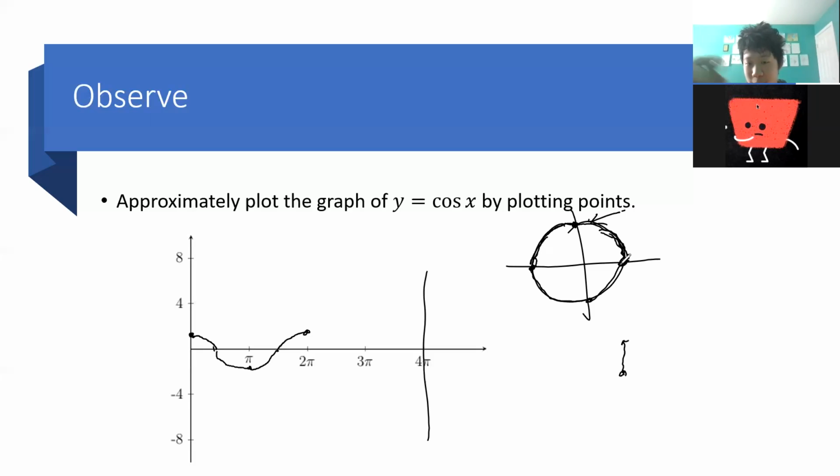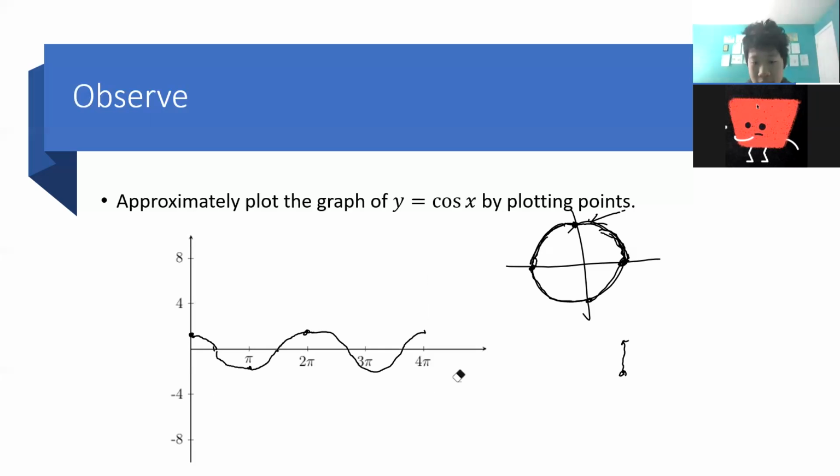If we keep going, we're just going to keep going around the circle. Which means we can take what we had originally, copy paste it, and put it here, because we're still going around the same circle. There's nothing different about what we're doing. So we can copy paste what we have from 0 to 2 pi, and be sure that it's the same exact thing that's going to happen from 2 pi to 4 pi.